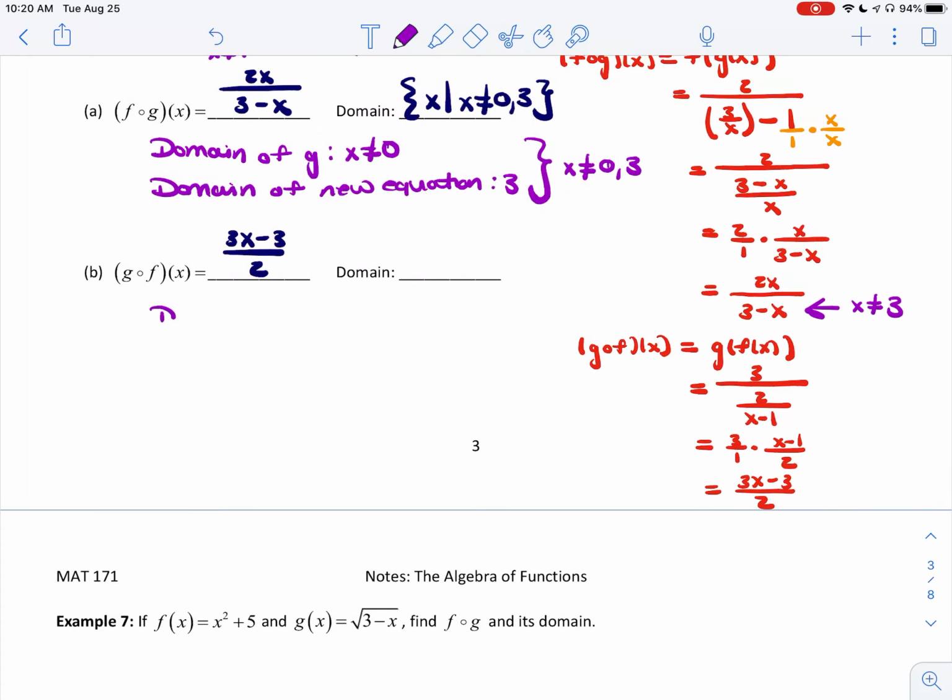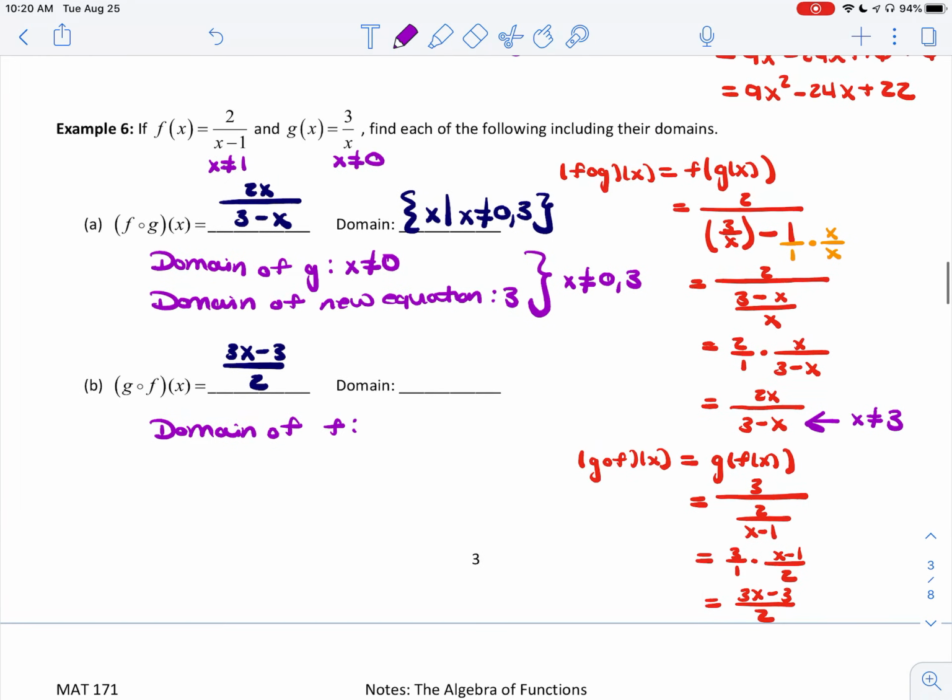Then for the domain, so again, we start by looking at the domain of the inside function, which is our f of x on this one. So domain of f of x, which we said originally was x cannot equal 1. And then also the domain of the new equation, but if we look at our new equation, the denominator is simply a 2.